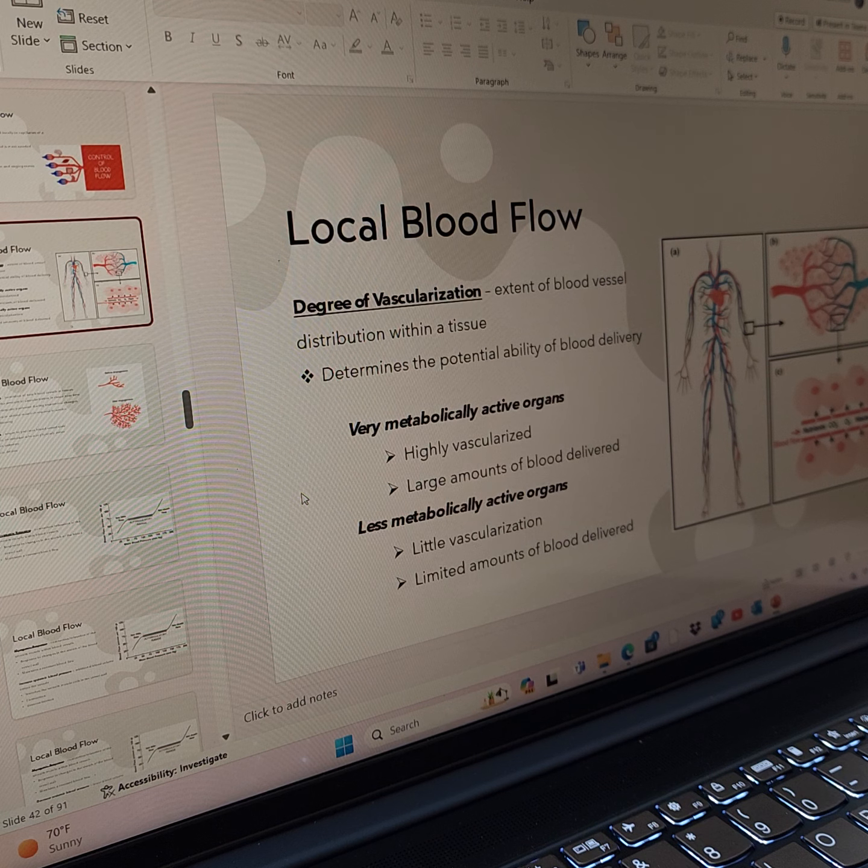The degree of vascularization is the extent of blood vessel distribution within a tissue. This determines the potential ability of blood delivery. So very metabolically active organs tend to be highly vascularized with large amounts of blood delivered, and less metabolically active organs have little need for vascularization and limited amounts of blood delivery.